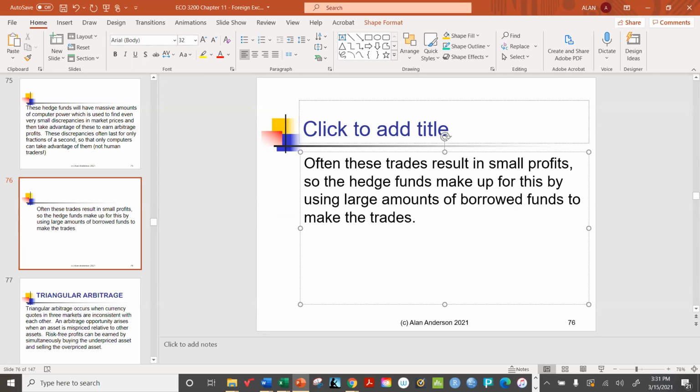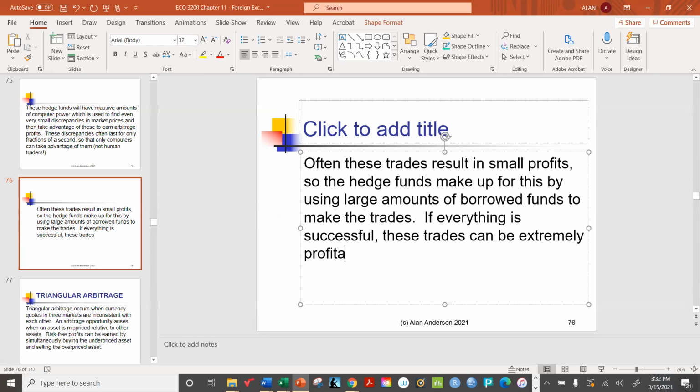That's where the risk is, because if everything is successful, these trades can be extremely profitable. If not, they can result in huge losses.